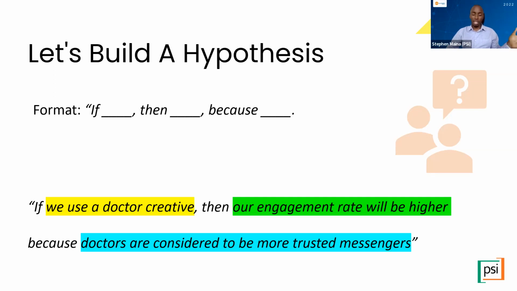If we use a doctor creative, then our engagement rate will be higher. Or we could say then our click-through rate will be higher. Then you could say then our engagement will be higher. Whatever you want to choose to put in here, because doctors are considered to be more trusted messengers.